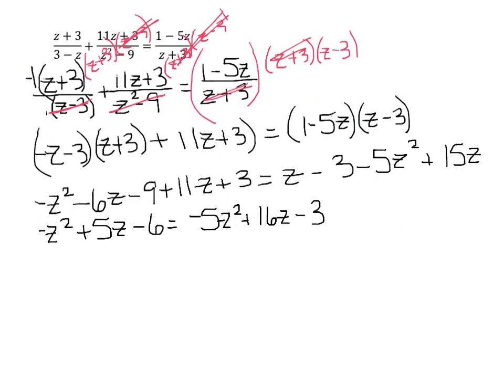And then we start to simplify. This would be 5z minus 16z, so that will be minus 11z. Minus 3 is equal to 0. And then we factor.